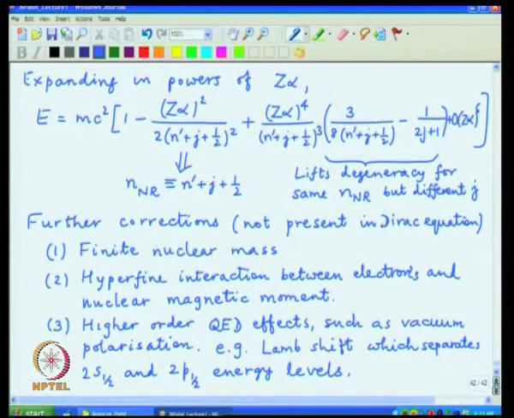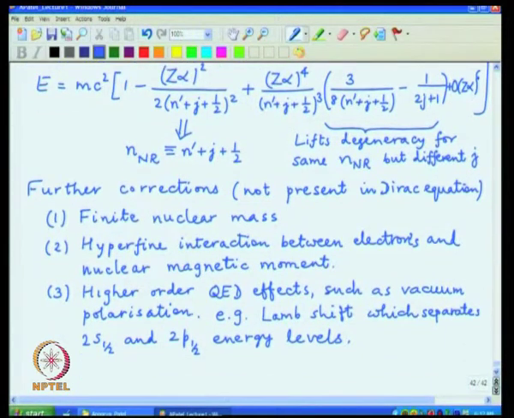The reason being that both these states have the same value of j, and the Dirac energy solution depends only on j and not the L equal to 0, which happens to be the S state, and L equal to 1, which happens to be the P state, but experimentally these two are separated by many of these things which are calculable, and these are all calculated in perturbation theory.